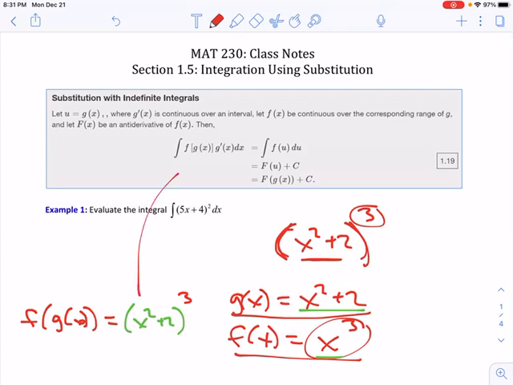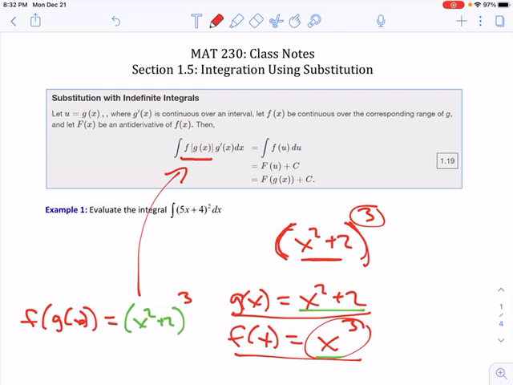So if we look up here at this definition of substitution with indefinite integrals, we can see that we have the integral of a composite function f of g of x. That means there's an inside function and there's an outside function. So we use substitution to find the antiderivative of a composite function.